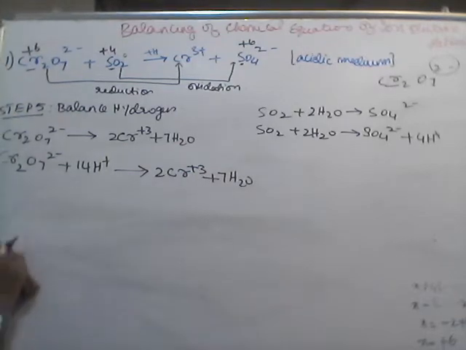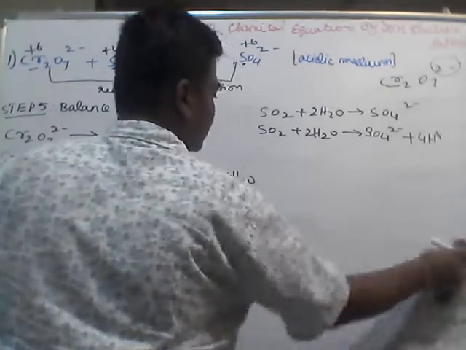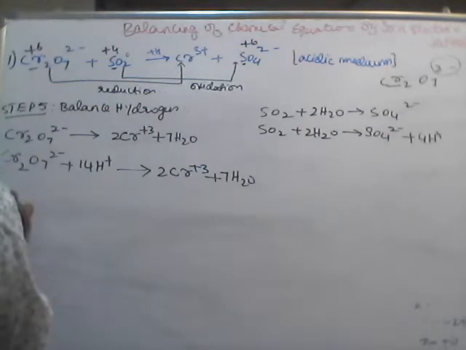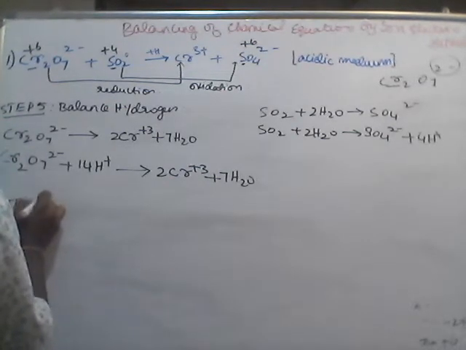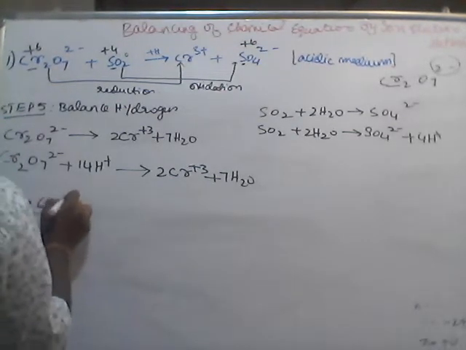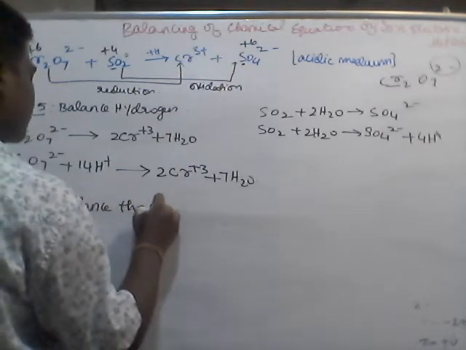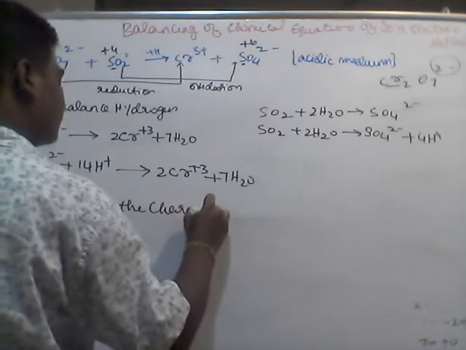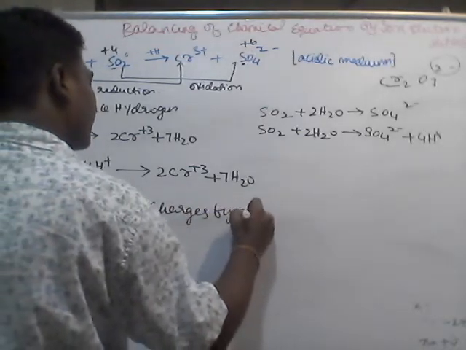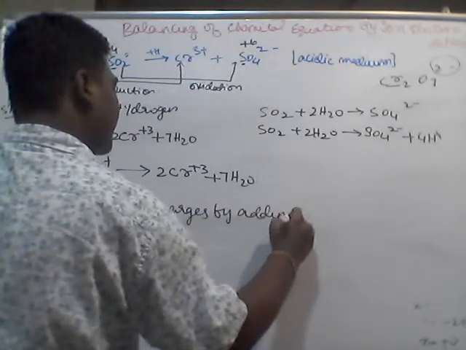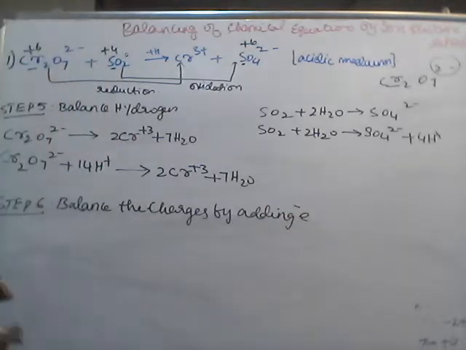Now coming to step 6. What is step 6? Balance the charges by adding electrons. This is the most interesting step in the whole procedure.